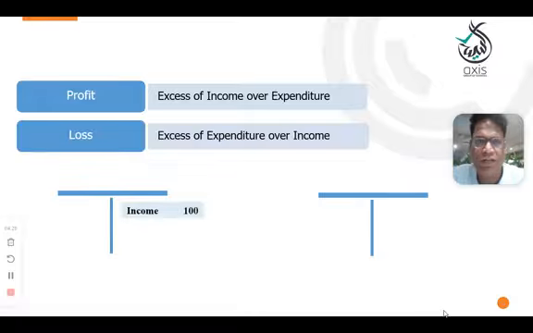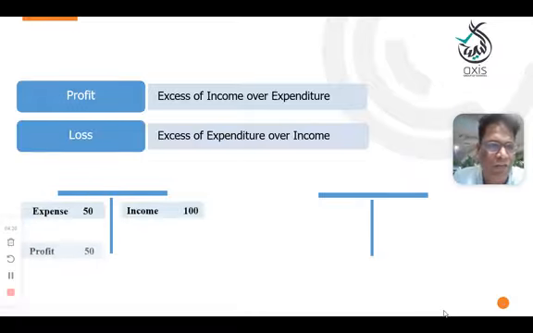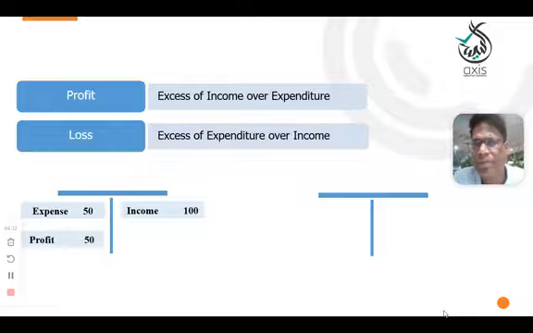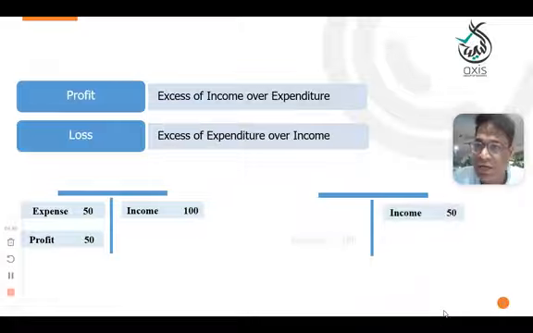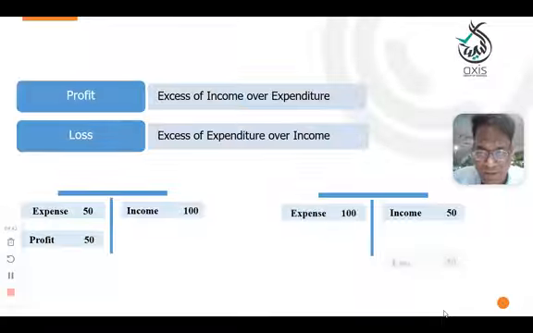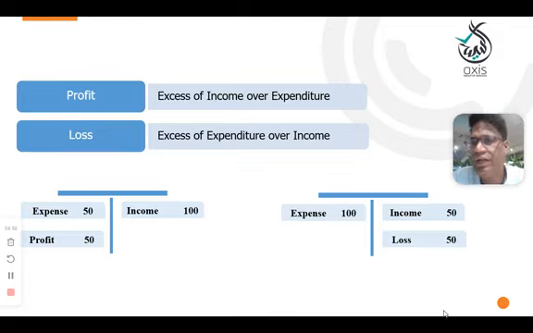For example, income is 100 and expense is 50, then 50 is your profit, because income is in excess of the expenditure. In this scenario, income is 50 and expenditure 100, then this 50 is a loss, the excess of expenditure over the income. I think you understood the concepts of profit and loss.